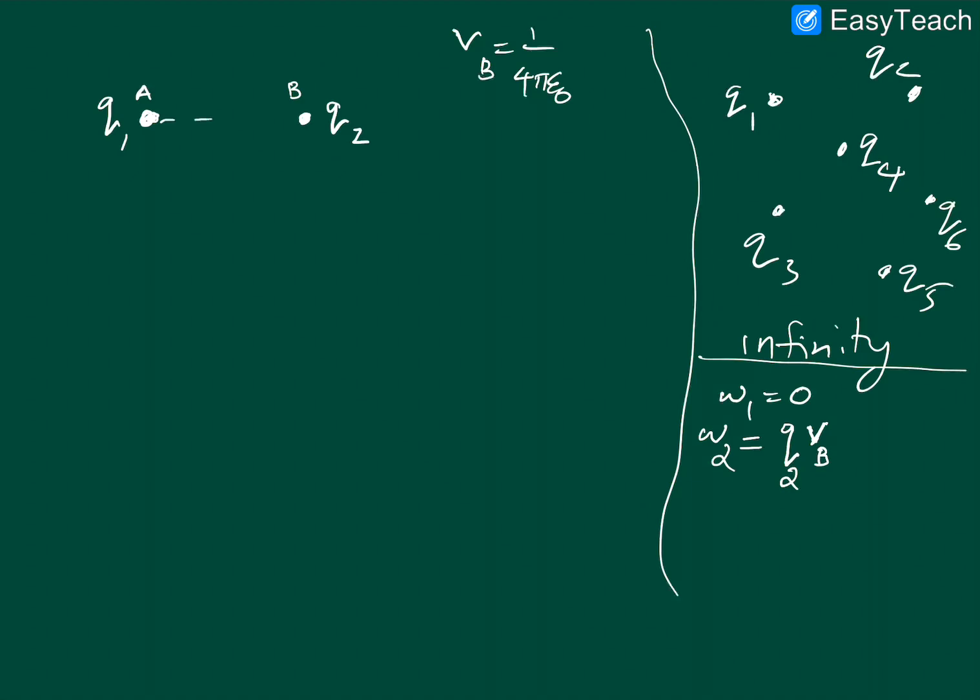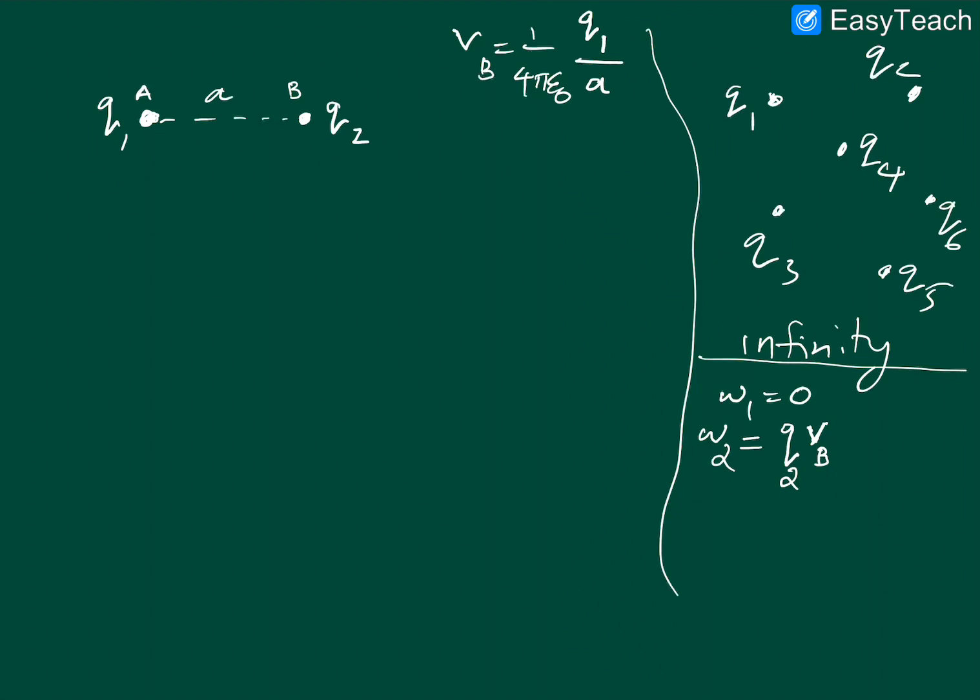So the point B is at a distance of A, which is already given in the problem. Hence, at B, Q1 is producing a potential. Potential at a point due to a point charge, you know the equation: 1 by 4 pi epsilon 0 into charge. Which charge is producing that potential? Q1 divided by distance, that is A.